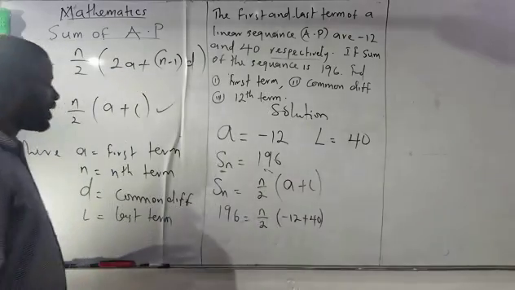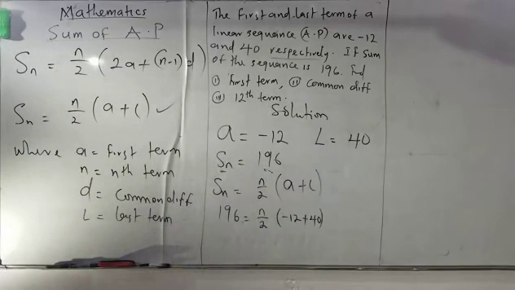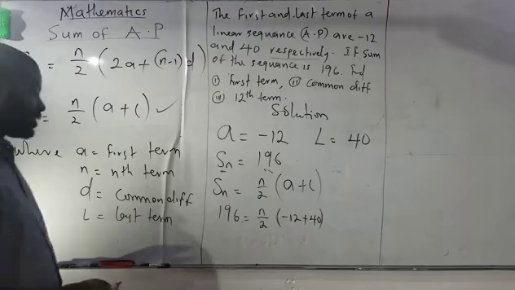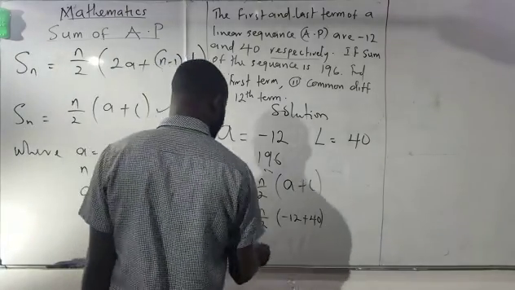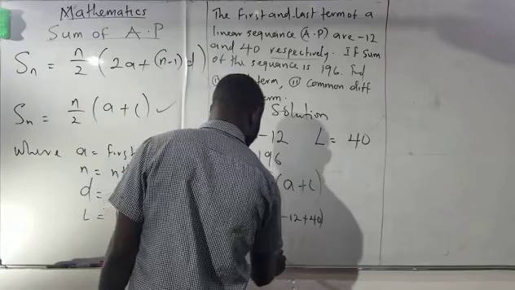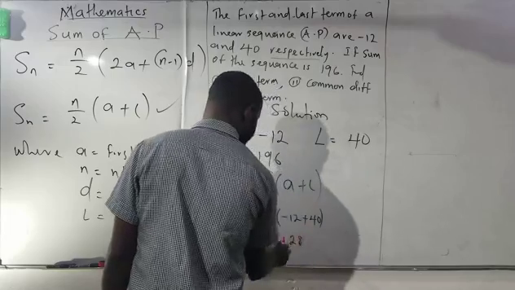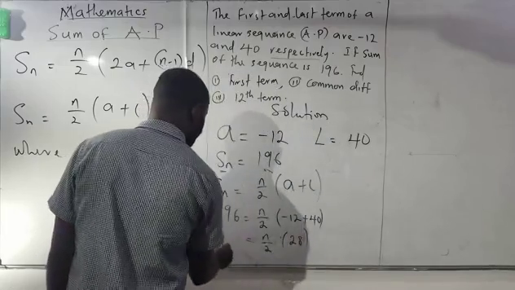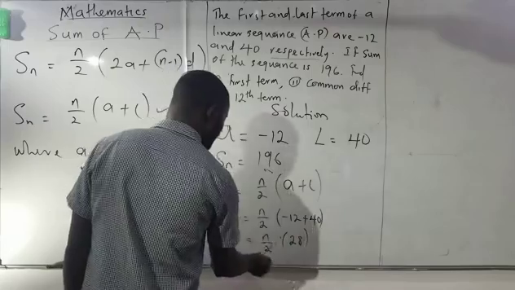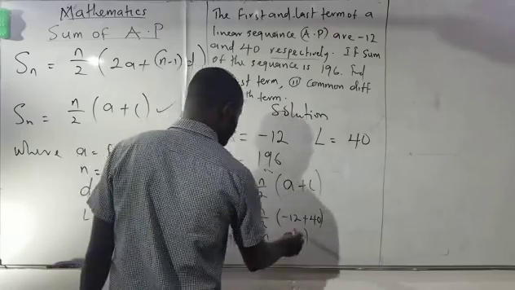Minus 12 plus 40 gives 28. It means it will be n all over 2 multiplied by 28. It's good to put brackets. Equals 196. Here, half of 28 is 14.